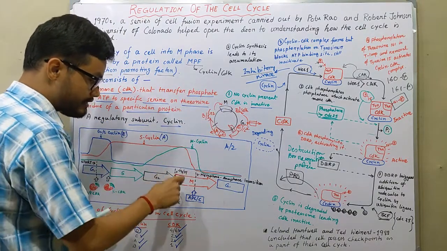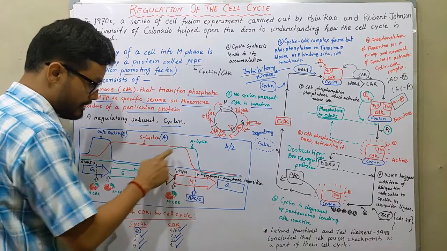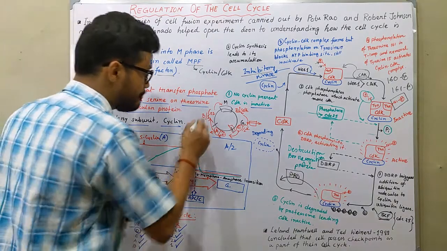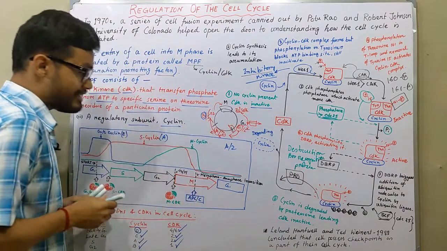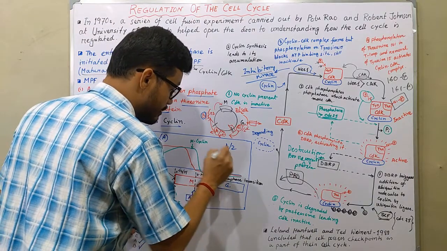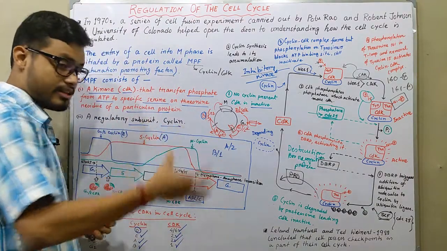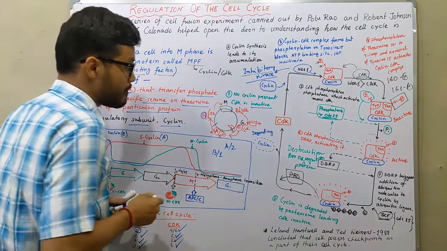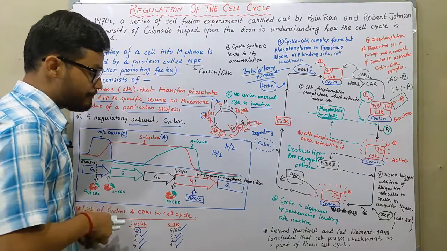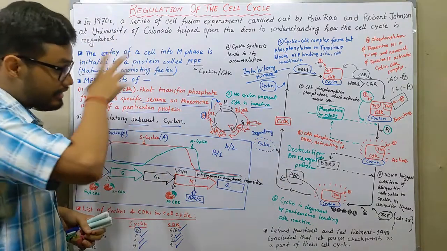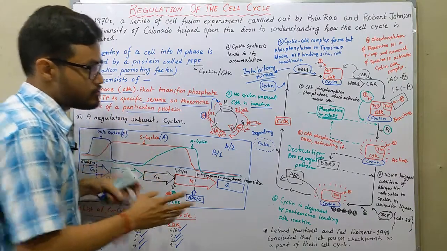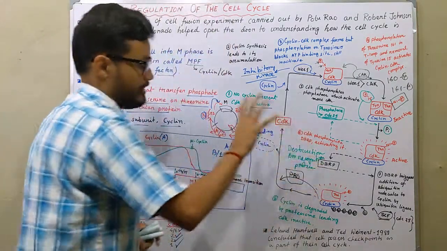In case of G2 to M transition, the concentration of M cyclins, that is cyclin B, rises and it binds with CDK1. So cyclin B and CDK1 bind and its concentration is higher, and it helps the cell pass from G2 to M transition. After that it is repeated in this manner and completes those processes. So this chart is depicted here.